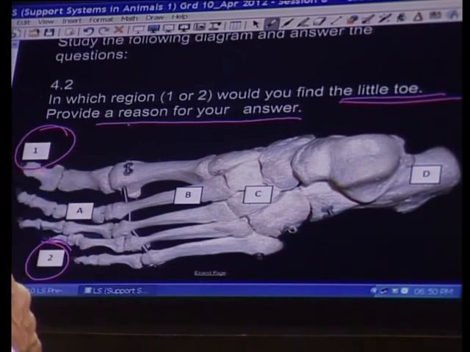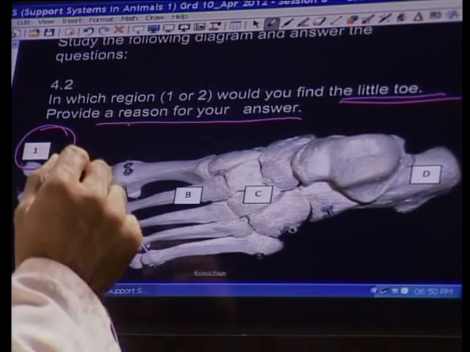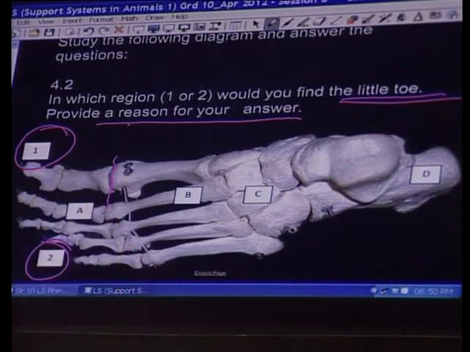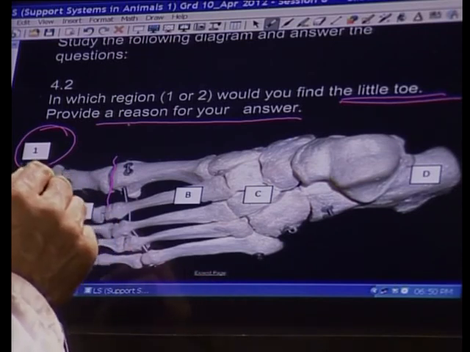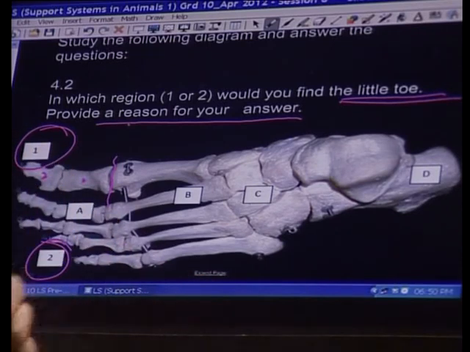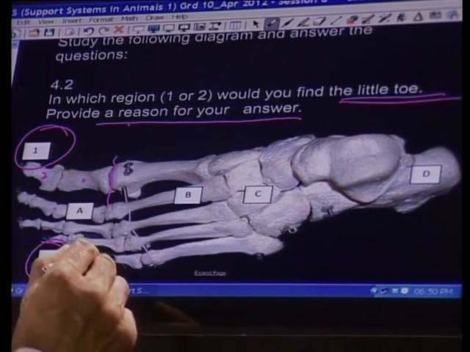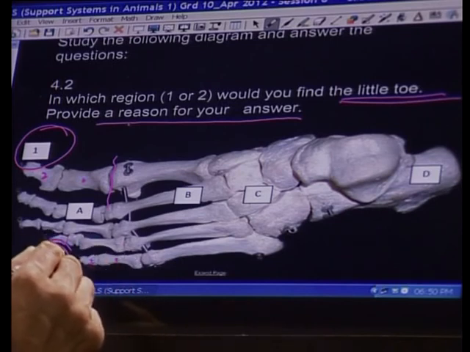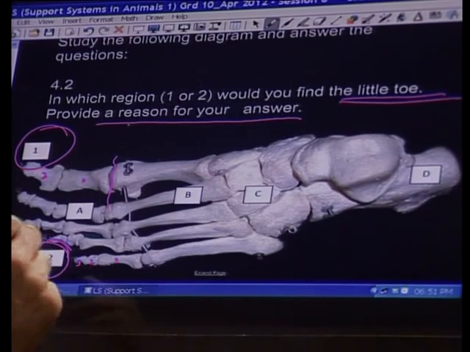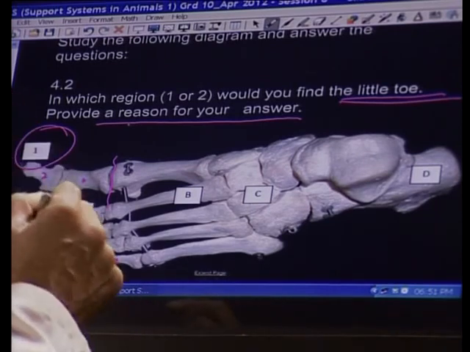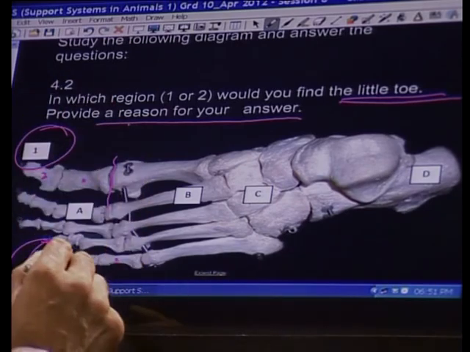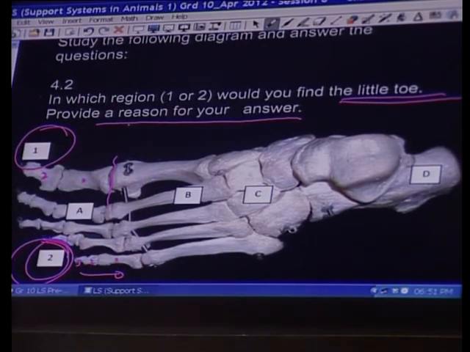Remember, the big toe has 2 digits and the little toe has 3 digits. There, your metatarsals end. There's 1, 2. Go down here, it's 1, 2, and 3. So the answer would be 2. The little toe is in region 2 because it has 3 digits and not 2 digits.